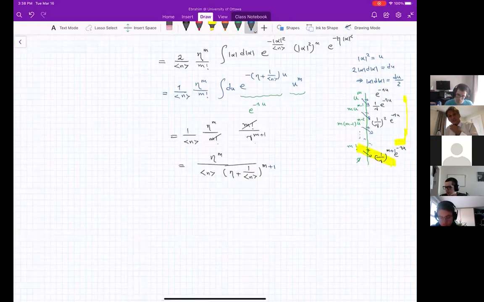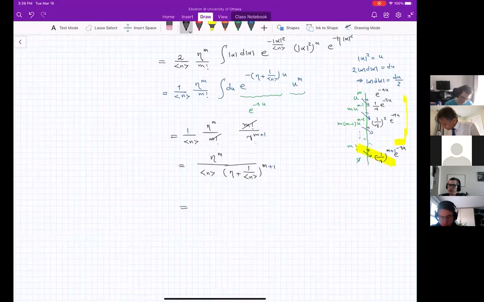But you are right. Since we do have an m factorial, m factorial is gamma of m plus 1, essentially. Good. So we got this probability distribution for the thermal light. Let's do a little bit of math.